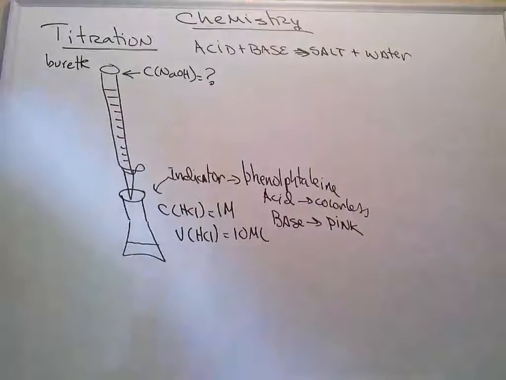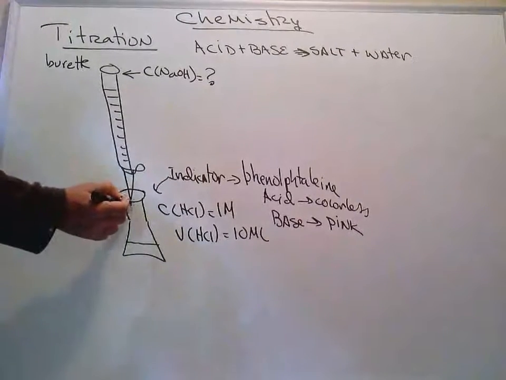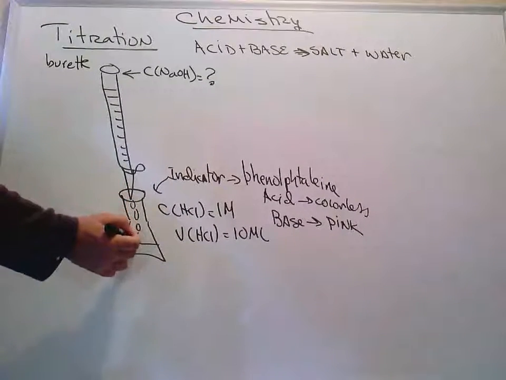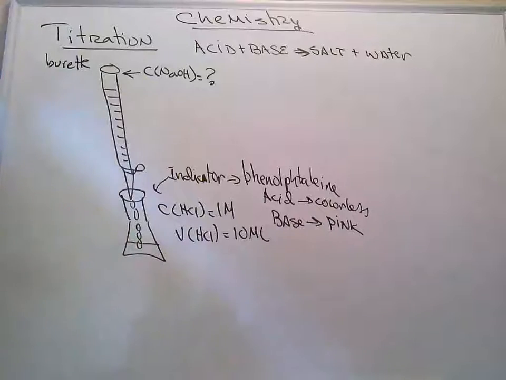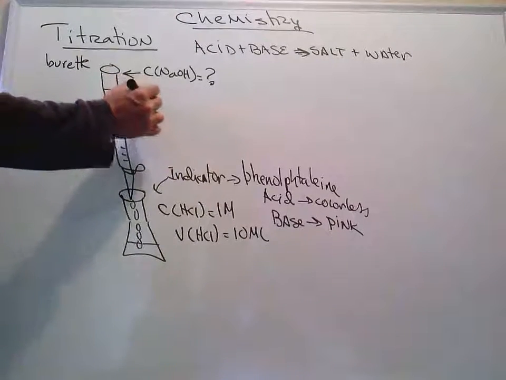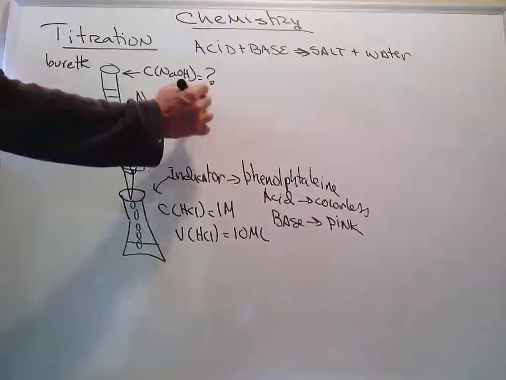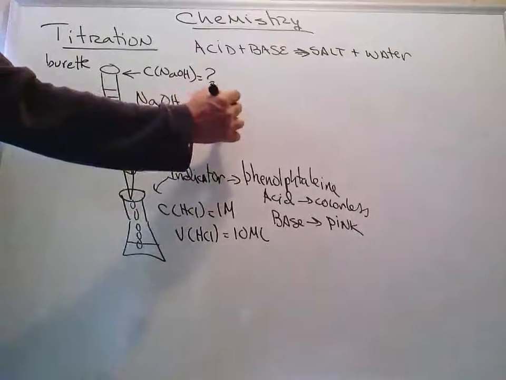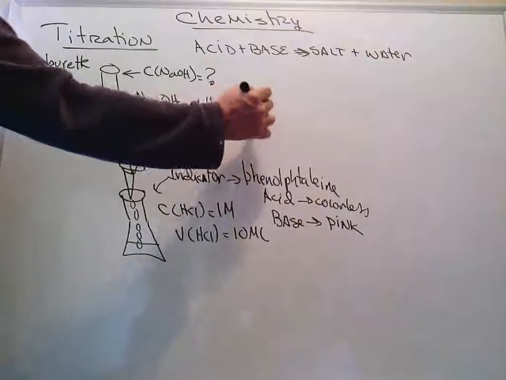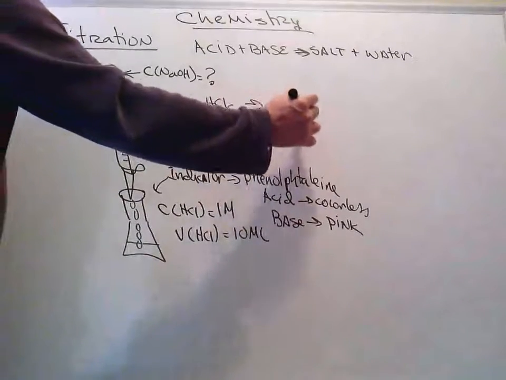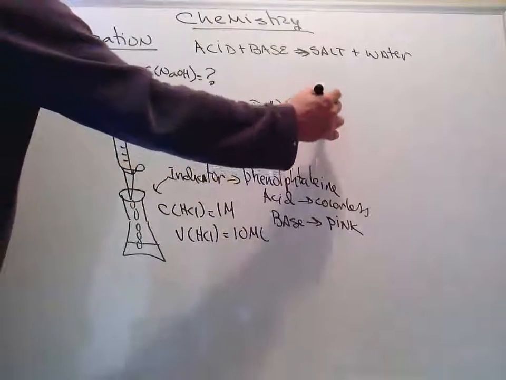So the procedure will be the following. I will start slowly adding drops of sodium hydroxide, and the reaction taking place will be this. Sodium hydroxide will be reacting with hydrochloric acid at the bottom and forming sodium chloride and water.